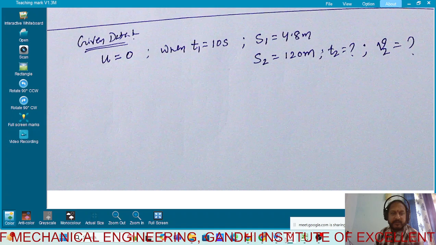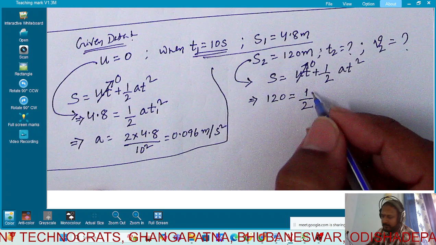What will be the initial velocity? Same, because the same ship is traveling. The initial value is 0, so this part has become 0. So half a into t2 square. Understood? All of you? Understood or not?